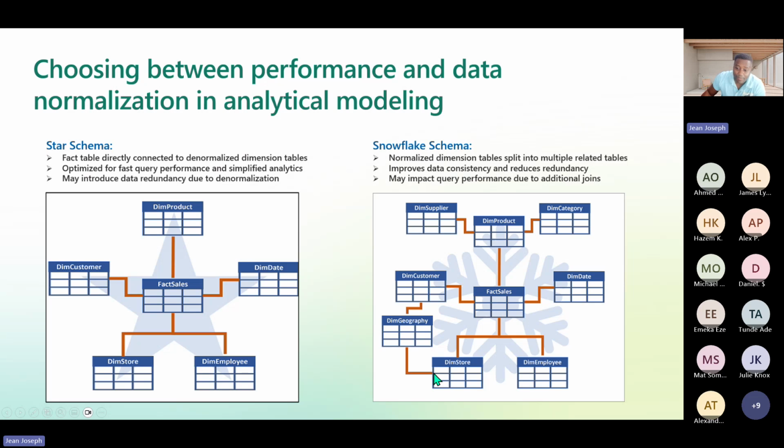Okay, and the same applies for DIM geography. If I need to perform some analysis on DIM geography, I will need to join that with either customer or DIM store. So with that said, performance may be impacted, right?